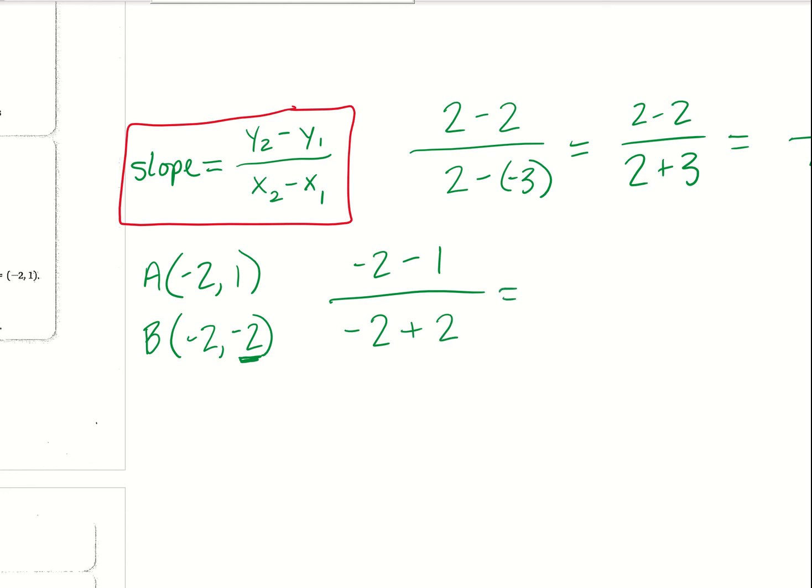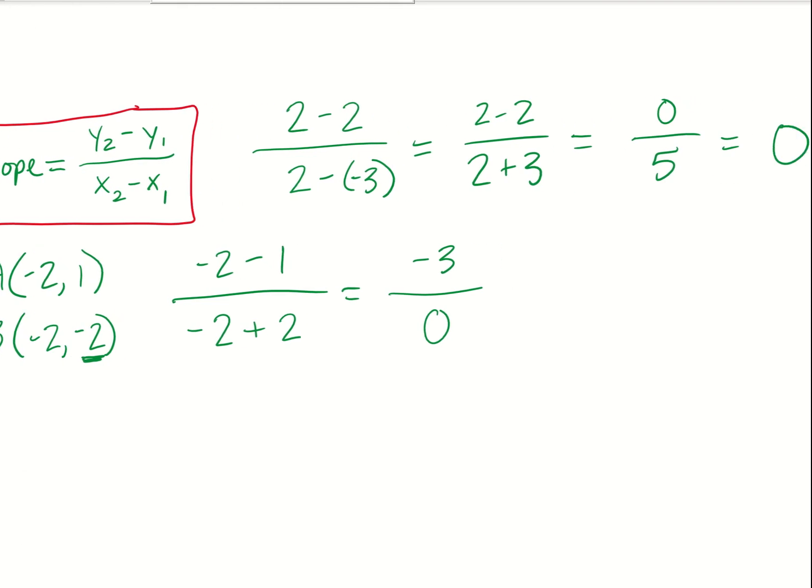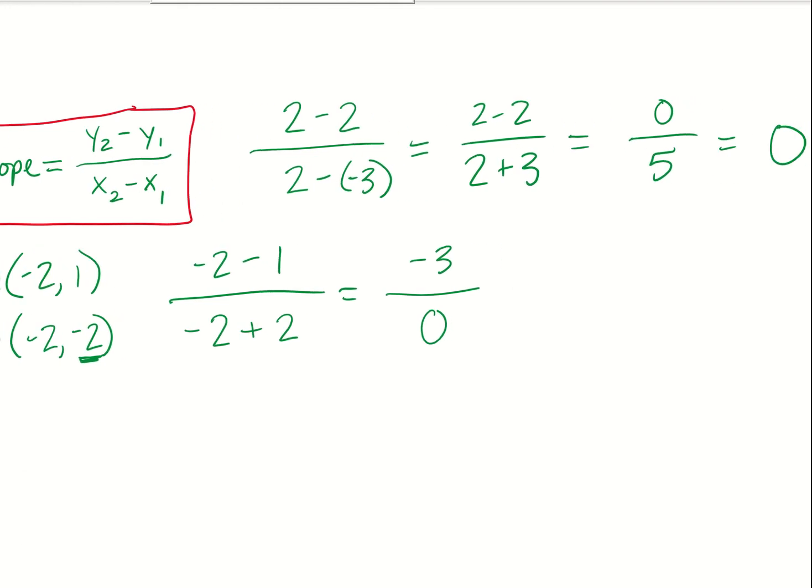From here, I'm just going to simplify. We have -2 minus 1 is -3, and then -2 plus 2 is 0. So we have -3 over 0. Hopefully you remember you can't divide anything by 0.